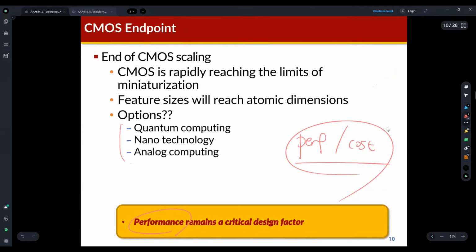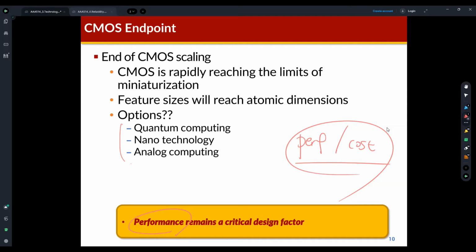Okay, and then the technology in the process of design is changing recently, because we are facing the end of Moore's law.